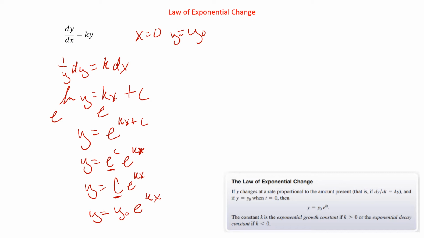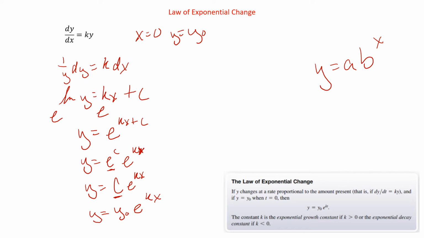The constant k is the exponential constant. If it's bigger than 0, it's growth. If it's less than 0, it's decay. I know when we were first learning about it, we had y equals a times b to the x, and the b was always positive. If it was bigger than 1, it was growth.